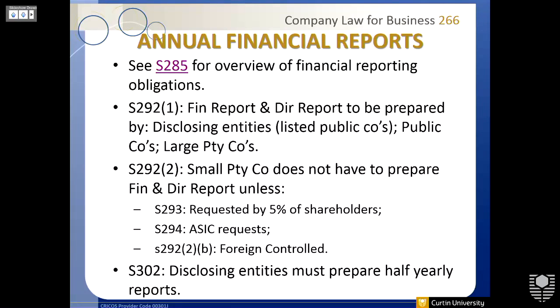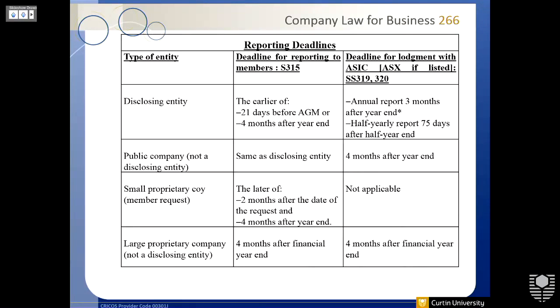Section 302, disclosing entities must prepare half-yearly reports. So this is your reporting deadline. When we talk about disclosing entities, we're talking about public companies listed on the stock exchange. So the deadline for reporting is the earlier of 21 days before AGM or 4 months after financial year end.